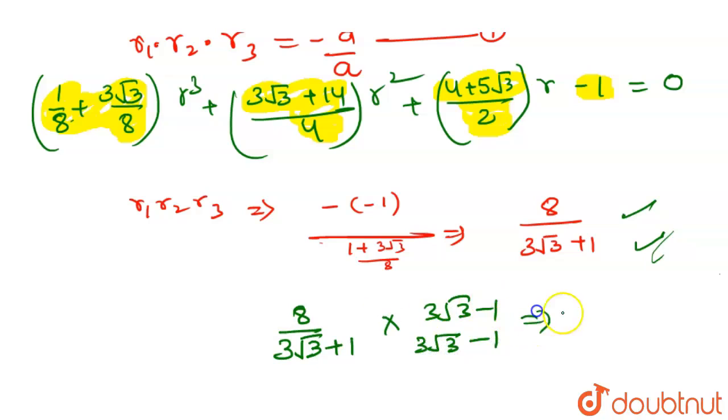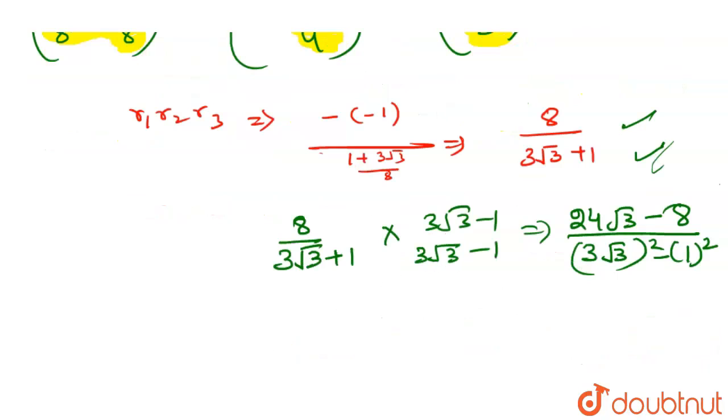This will give us 8 into 3, that means 24 root 3 minus 8 into 1 is 8 upon 3 root 3 plus 1. This is a plus b, a minus b. So we can write it as 3 root 3 square minus 1 square, a square minus b square.